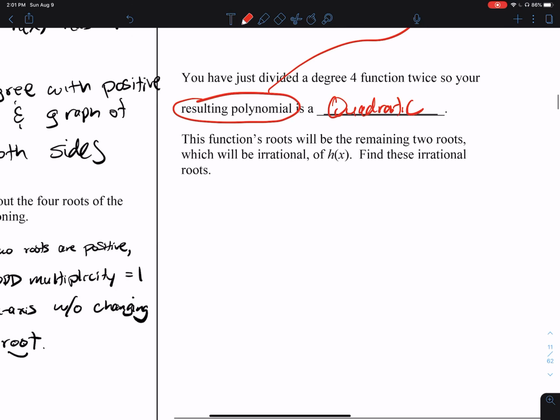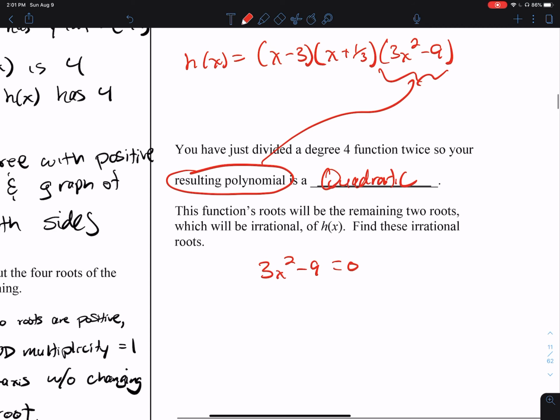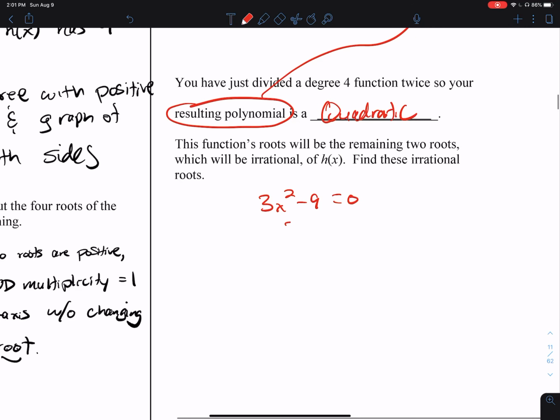To find these irrational roots, if we take this last factor and set it equal to 0, maybe we're lucky enough we can just solve this equation. We are lucky enough. We can solve this equation. When you take a square root on both sides of the equation, you're always going to do plus or minus.